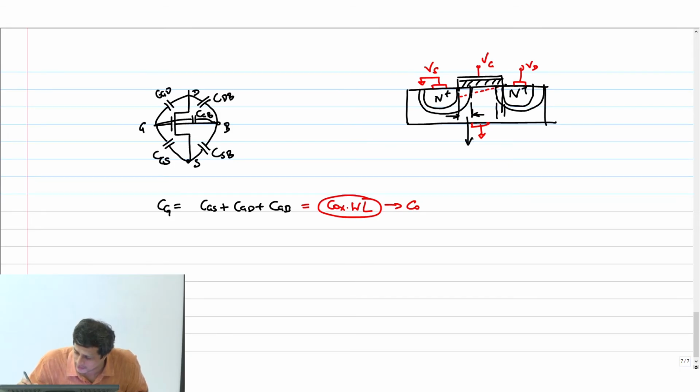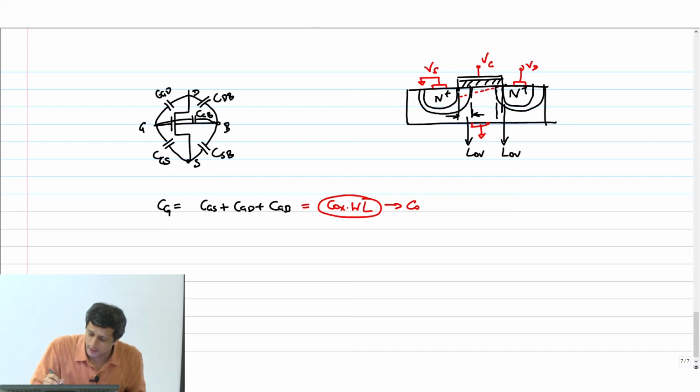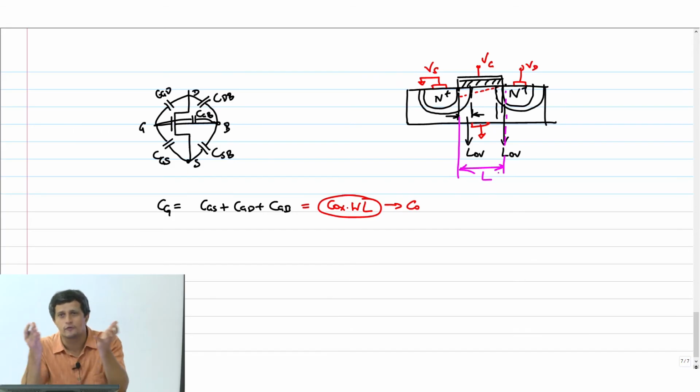This distance is called L overlap. Previously my channel length was this. Now after this diffusion, because of annealing, my channel length has become only this much.